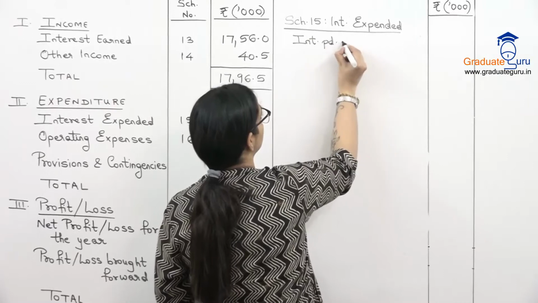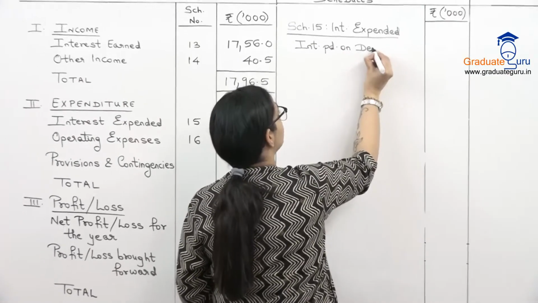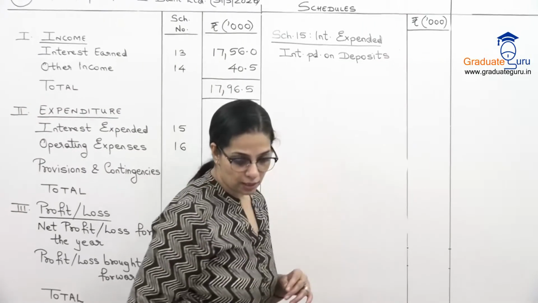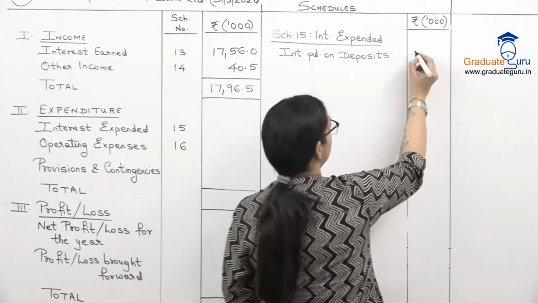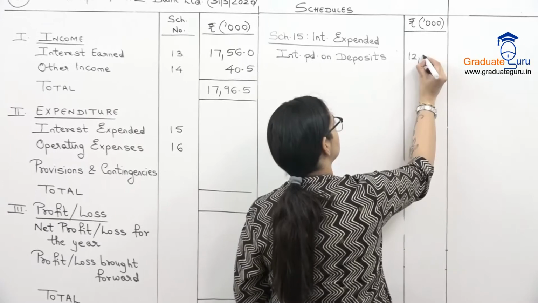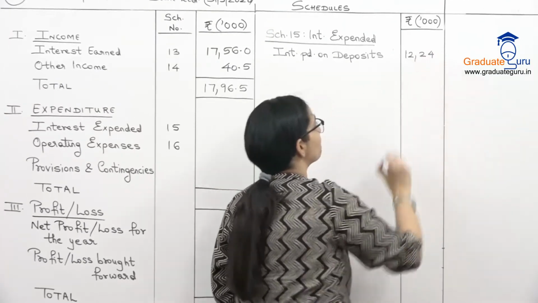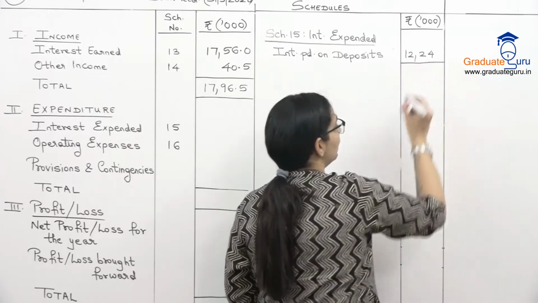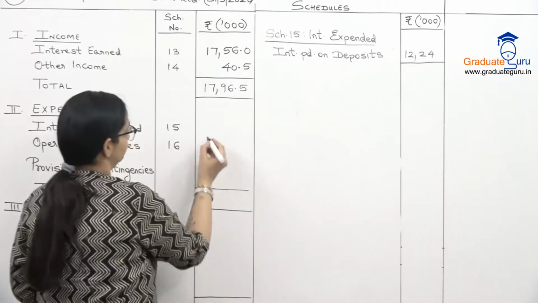Interest paid on deposits, and the amount is 1224. Okay, so that is the only amount. We'll take it over here.